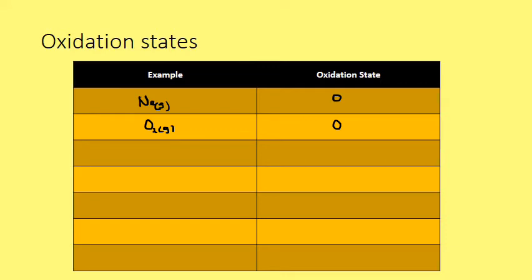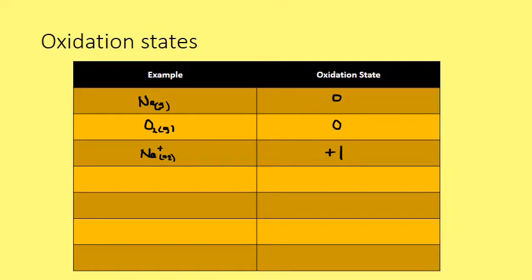And thirdly, let's look at the oxidation state of a simple monatomic ion. That oxidation number is the same as its charge. So if we stick with sodium, for example, when it's in an aqueous solution, it's the same as its charge. So it's going to have an oxidation state of +1.